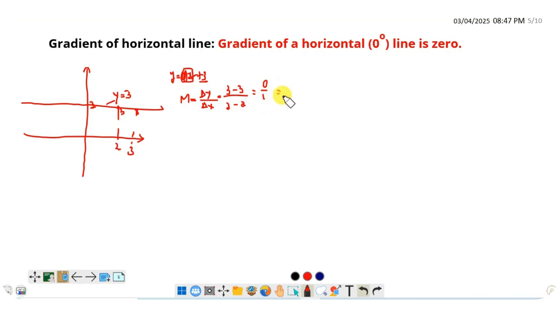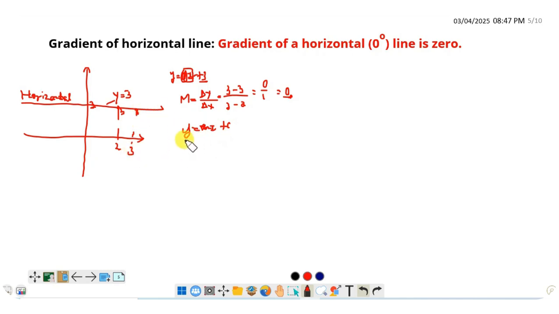So the gradient is 0 divided by any number, which is 0, right? So you can see a horizontal line has a gradient of 0. And if the gradient is 0 and you want the equation, you say y equals mx plus c, right?